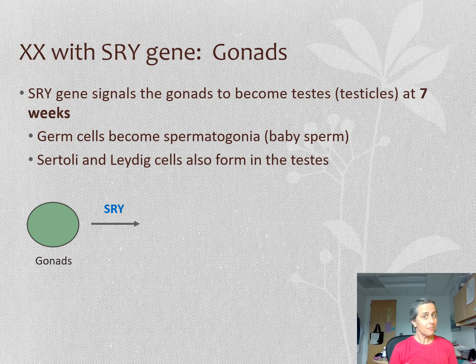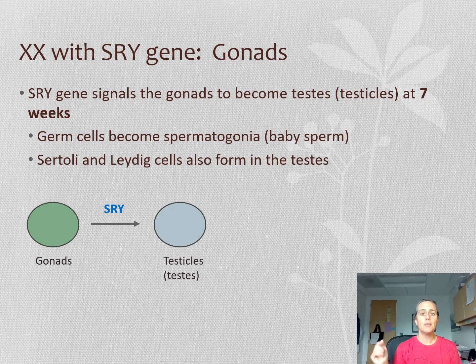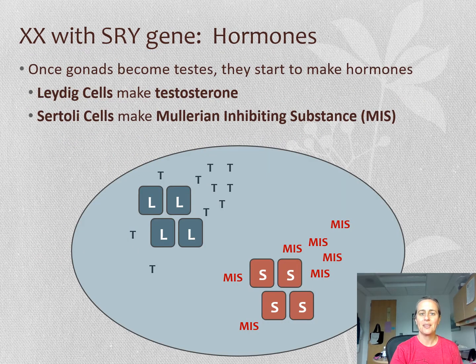First of all, if you have an SRY gene, it's going to tell the gonads to become testes. So that's going to happen at 7 weeks. You're going to start making the spermatogonia, the baby sperm, and you're going to make those Sertoli and Leydig cells. This is sounding familiar. Then those Leydig cells are going to make testosterone, and those Sertoli cells are going to make Mullerian inhibiting substance, or MIS.